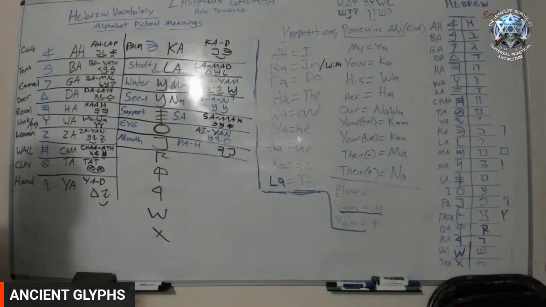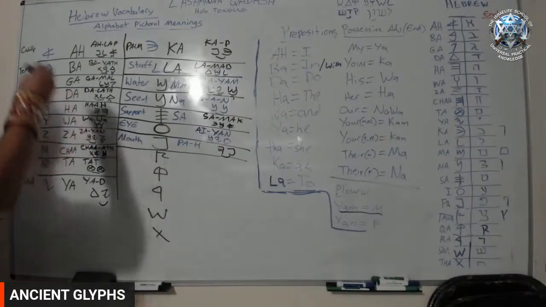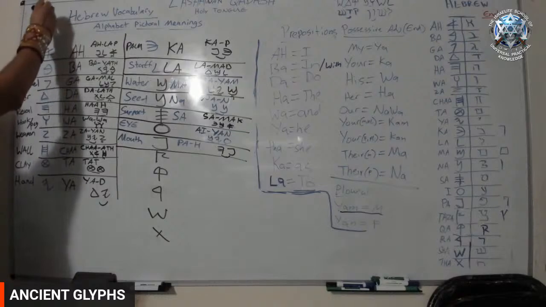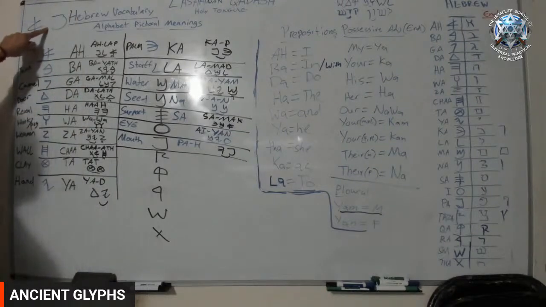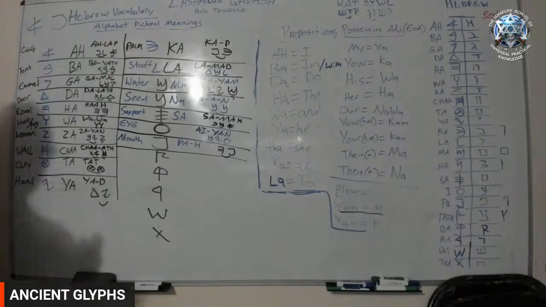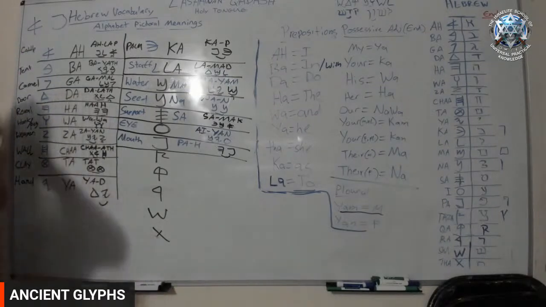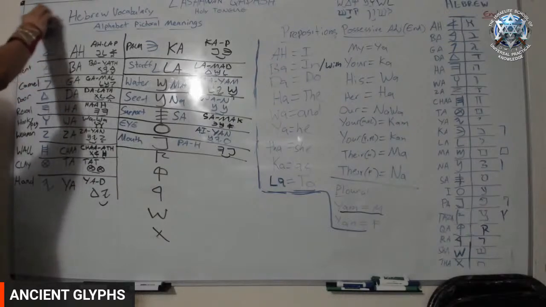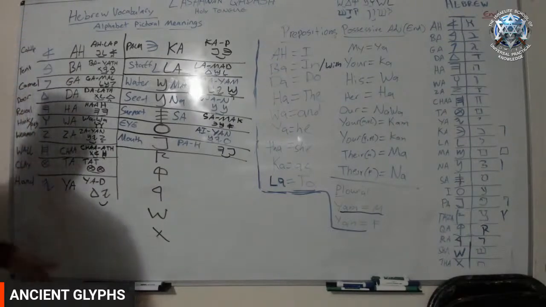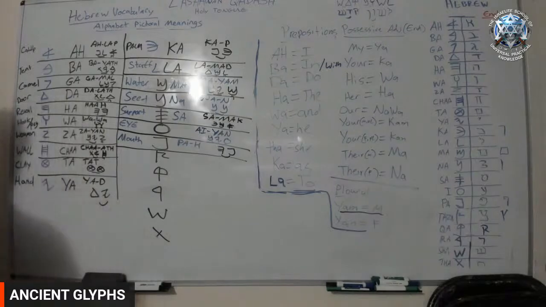You would have your cattle, and then you'd have your mouth, because you're asking them for food. This cattle's for food. So you'd be able to understand that if you knew the basic alphabet. We're not even talking about all the vocabulary words themselves, but the pictorial capabilities of the original characters.